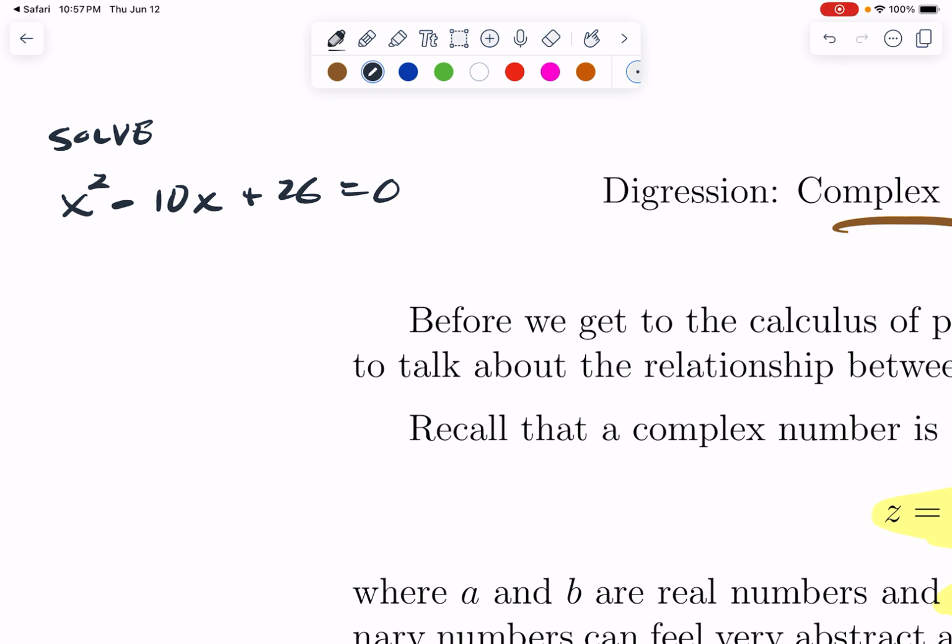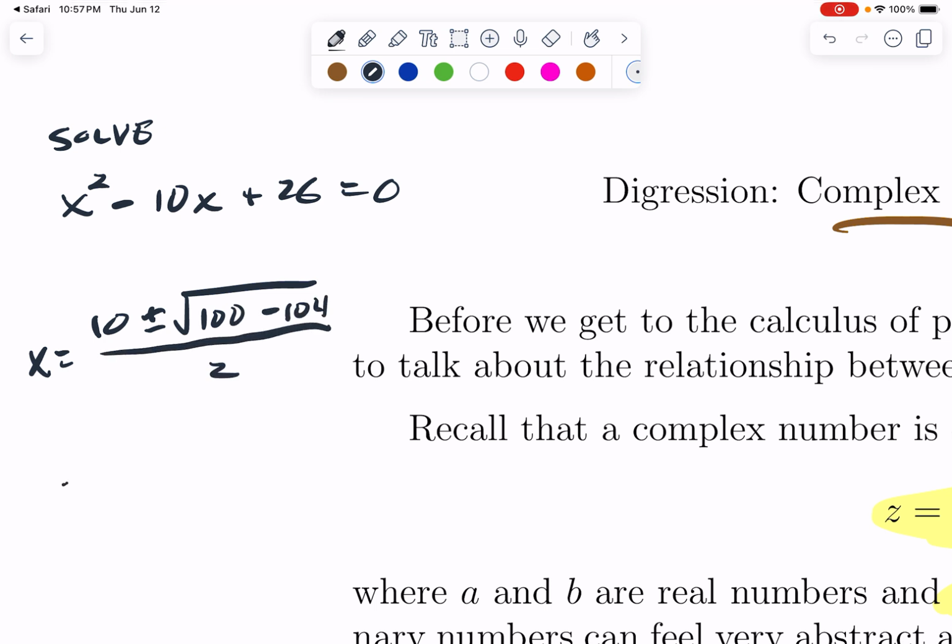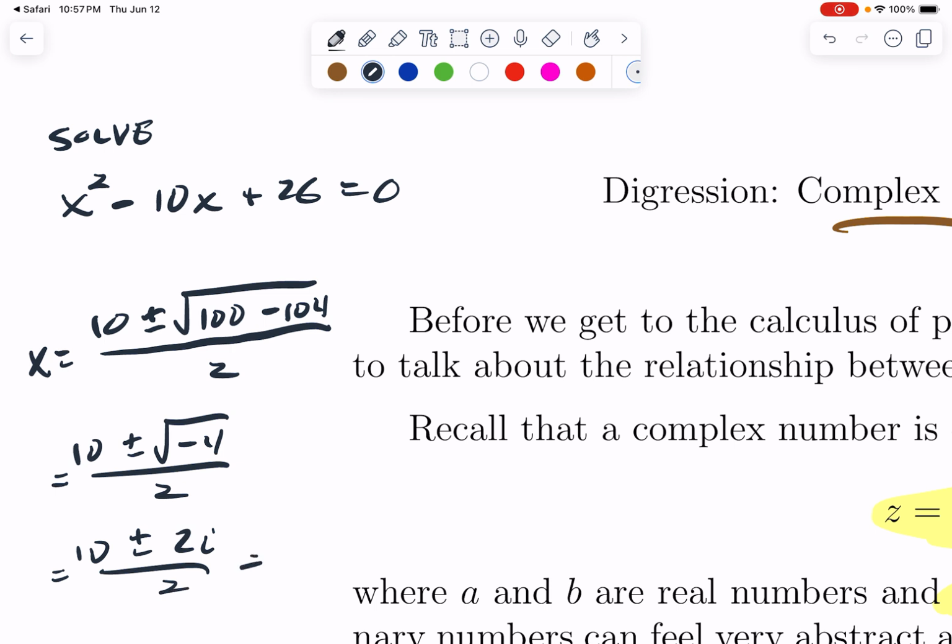If you tried solving this by the quadratic formula, we would have x equals minus b plus or minus the square root of b squared minus 4ac all over 2a. So we'll notice we're taking the square root of -4, which is 2i. And so our solutions are 5 plus or minus i.